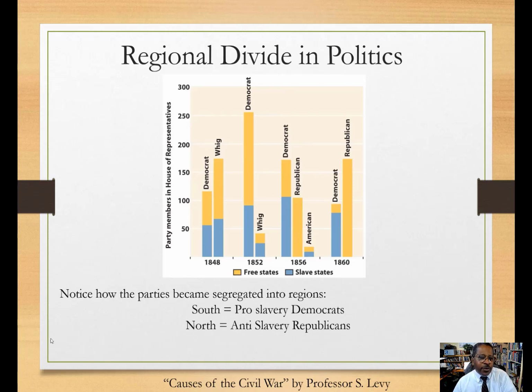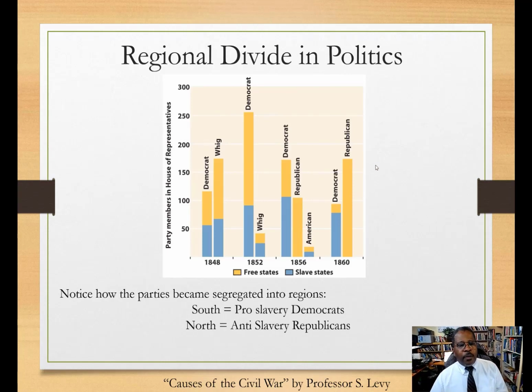When you look at the national divide, what this chart shows from 1848 to 1860 is that the political parties become more polarized, right? They become polarized by region. So when you had the Democratic and Whig Parties in 1848, you see that there were almost as many Northern Democrats as there were Southern Democrats. There were almost as many Northern Whigs, or there were more, than Southern Whigs. By 1860, all the way on the right, you see that there are basically no Southern Republicans.